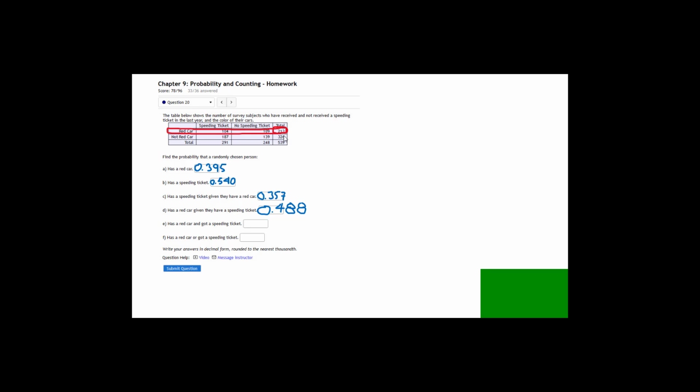The way I'm understanding it is there's a total of 213 red cars, divided by the 104, and that leaves me with 2.048.